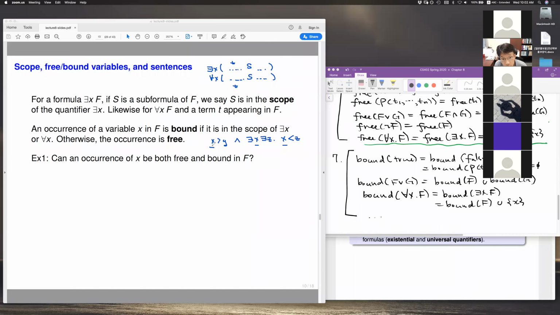And often when we talk about occurrence, we are focusing on not a bound one, but something like this guy and this guy.